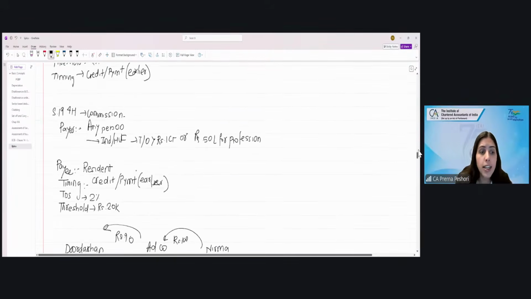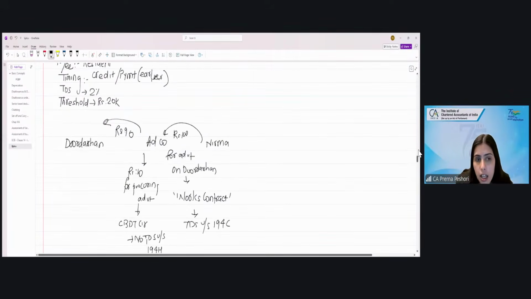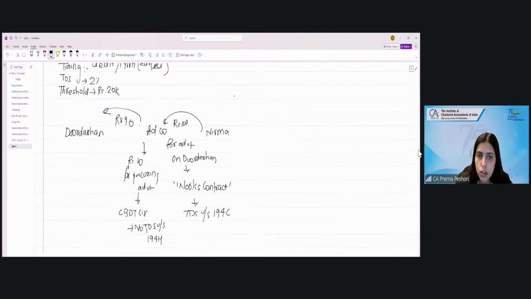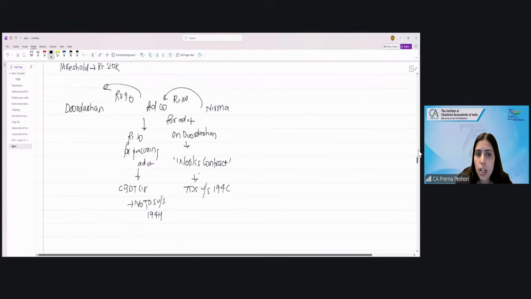So when Nirma pays to the ad company, it will deduct TDS under 194C. When the ad company pays to Doordarshan or any channel, what happens at that stage? At that stage, there will not be any TDS under 194C.